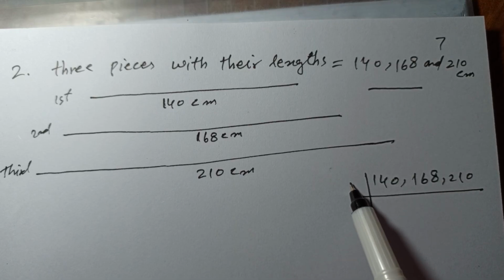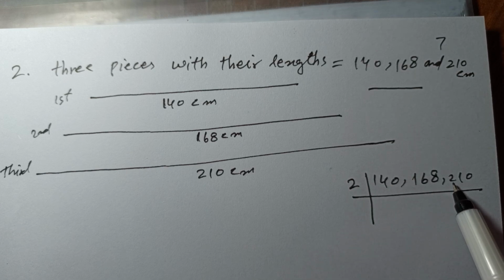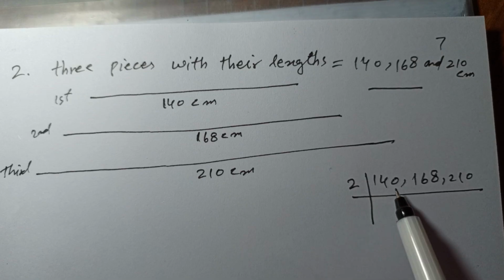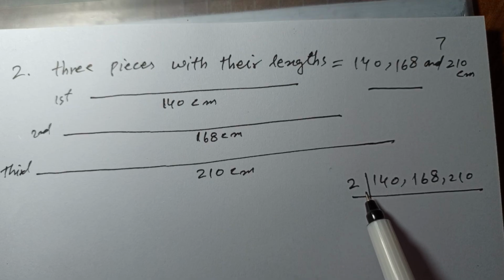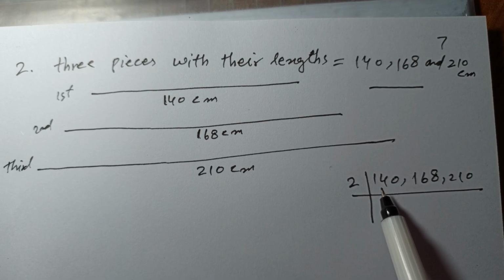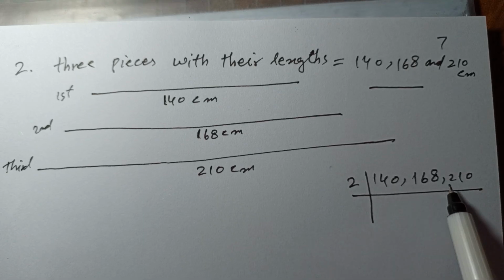I am taking 2 because 2 can divide 140 as well as 168 and 210. If 2 can't divide any single number, I will not take 2, because here we are finding the HCF. In the case of the HCF, 2 should divide every one of these numbers.